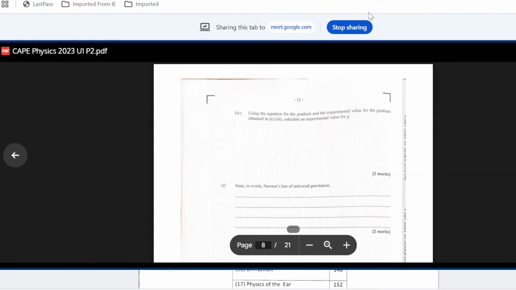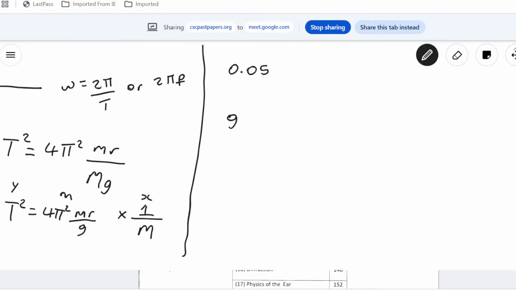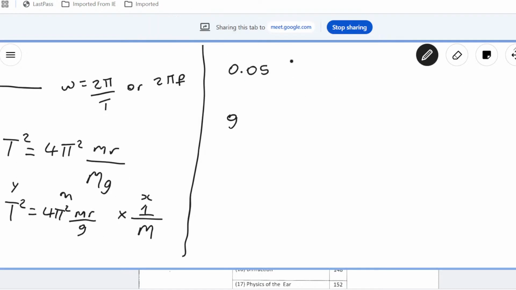In terms of the equation, when you transpose, g is equal to 4 pi squared m r over the gradient number, which was 0.05.